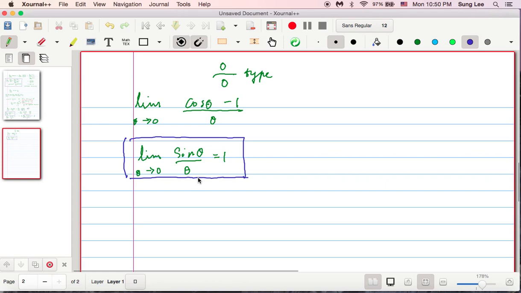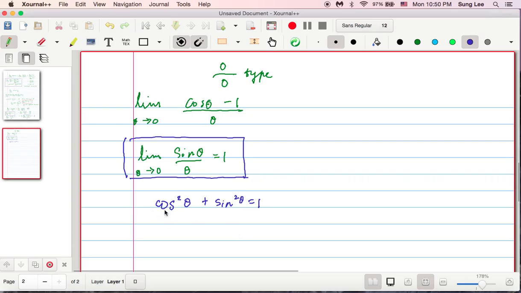But sine and cosine are closely related. How? If you remember this formula: cosine squared theta plus sine squared theta equals 1. Do you remember that?